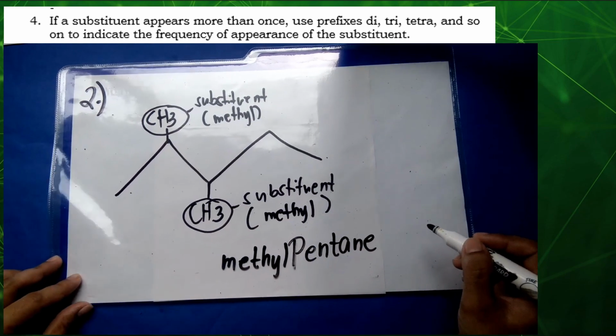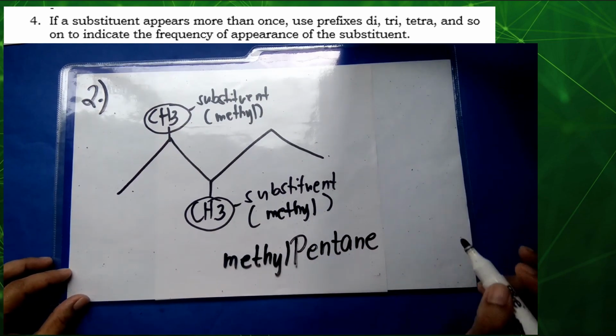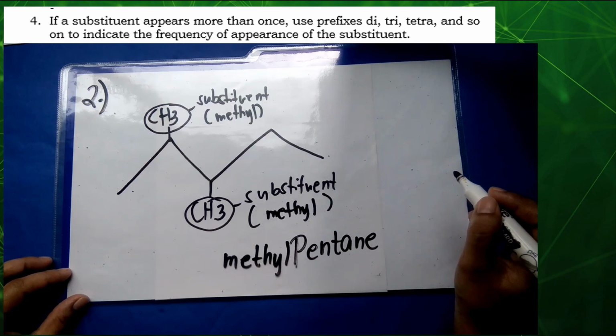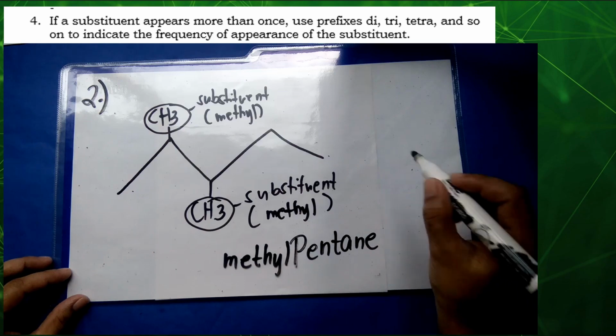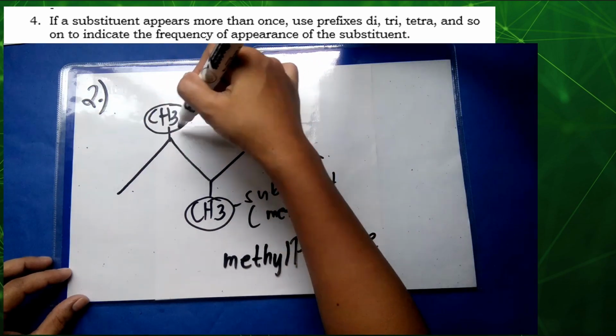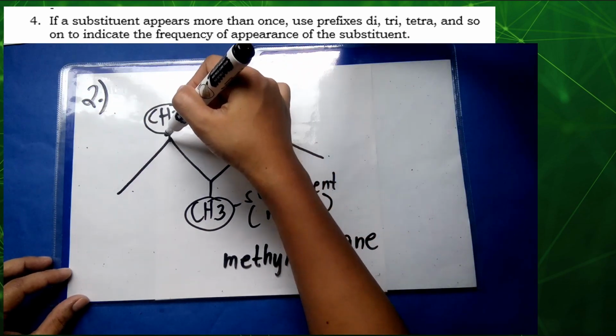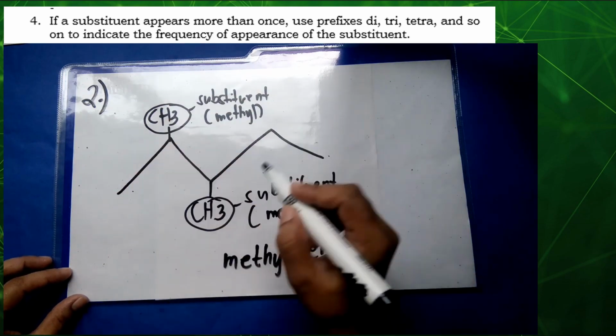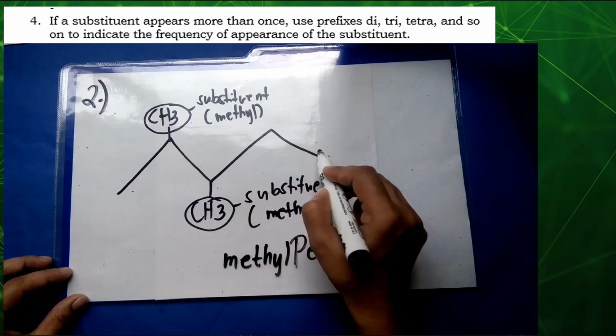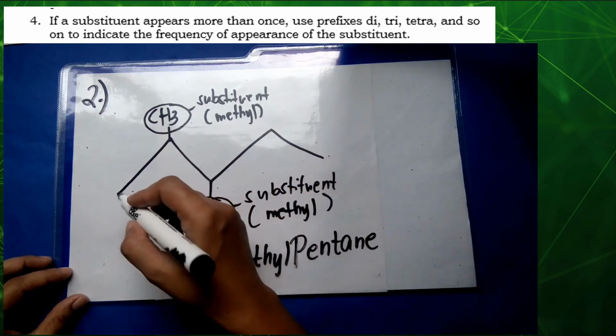Next, look for the number the parent chain kung nasaan daw yung may pinakamalapit na substituent. So as you can see, this methyl here is closest to this carbon atom. So nandito po. By the way, every point of this skeletal structure po ay mayroong carbon atom.